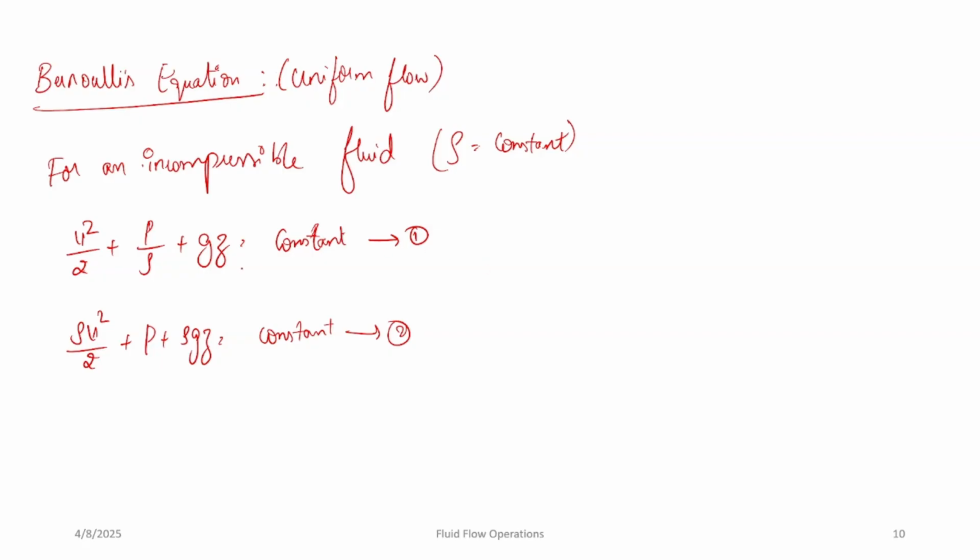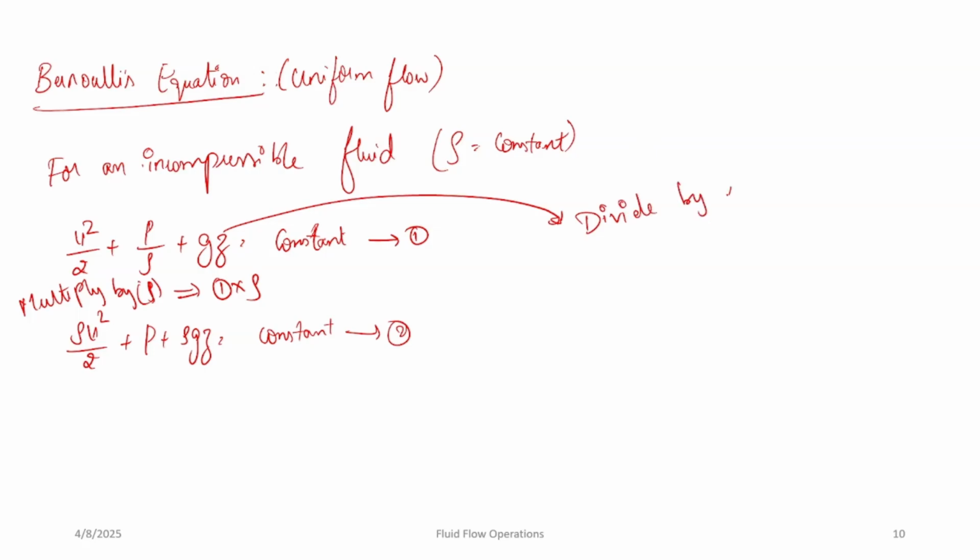You can also divide this equation by G. So it becomes V square by 2G plus P by rho G plus Z is equal to H, which is again constant.